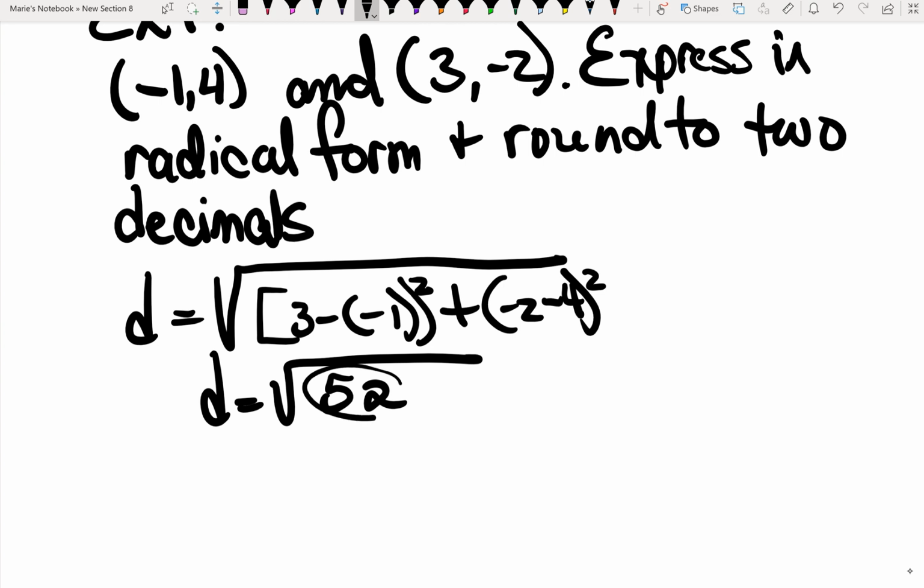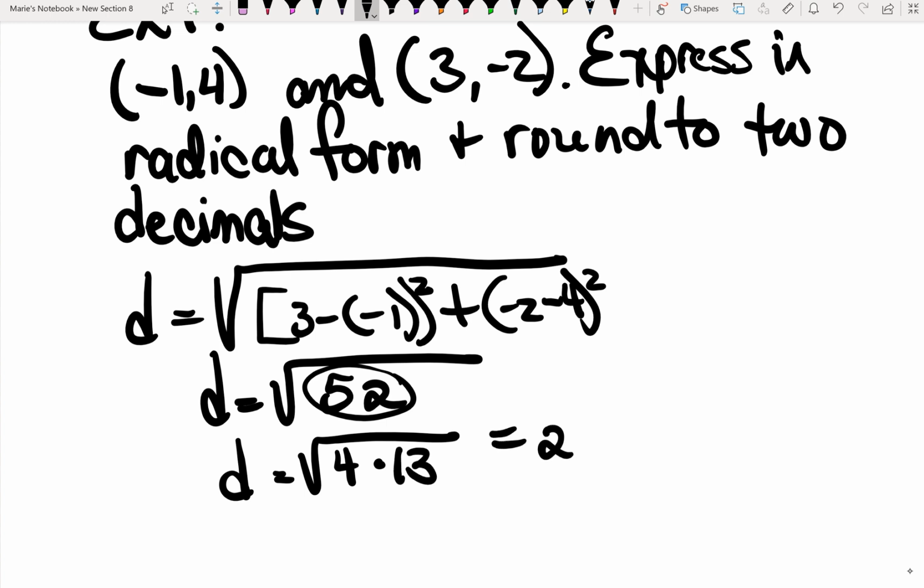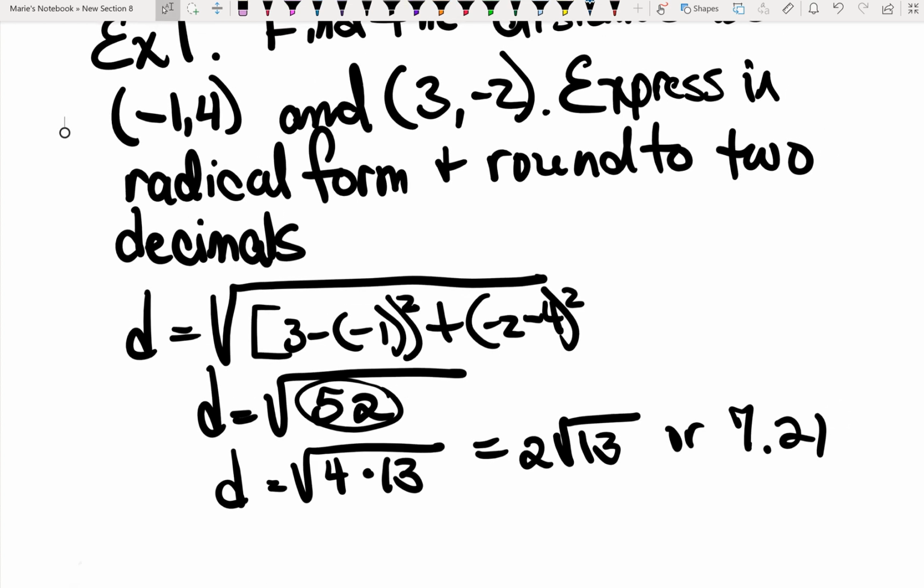Be careful with 52 because there's a perfect square in there. We know that 52 is equivalent to 4 times 13, which means that the simplified version is 2 square root 13, or in decimal form, 7.21. There's your 2 decimals. It's that simple.